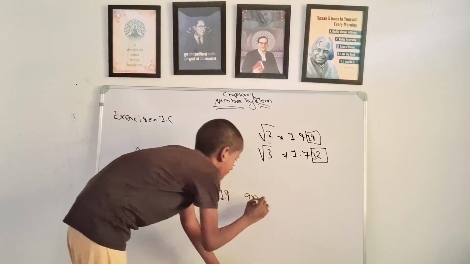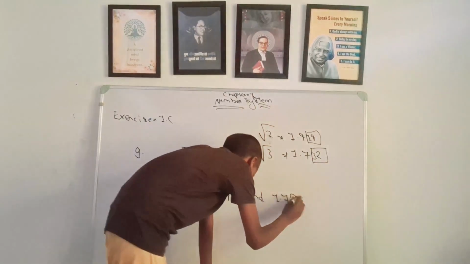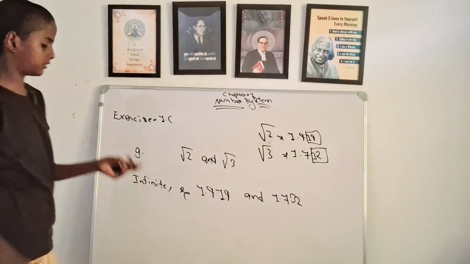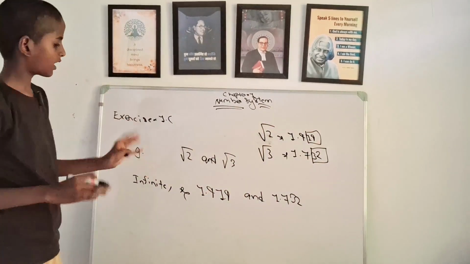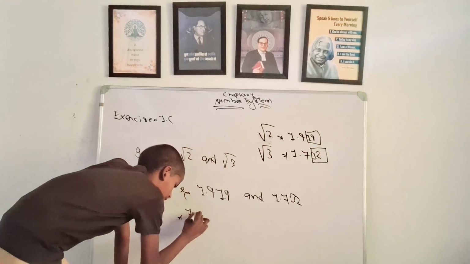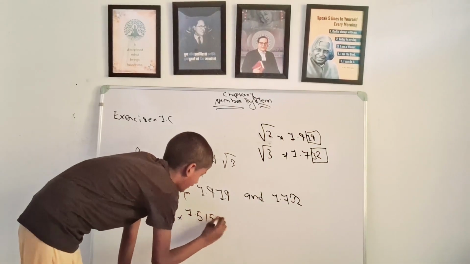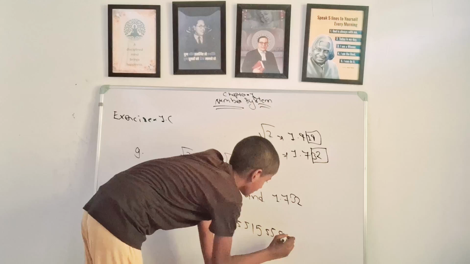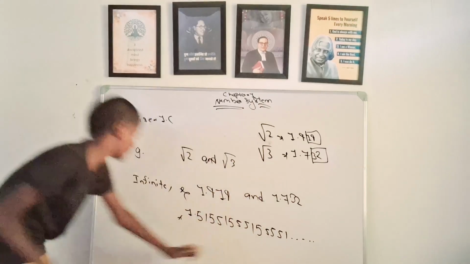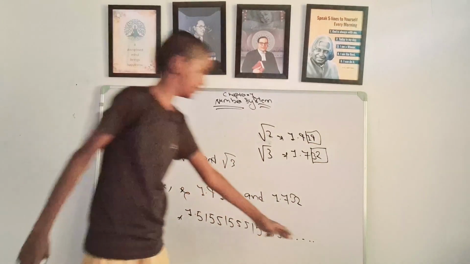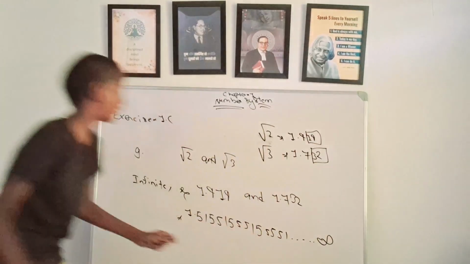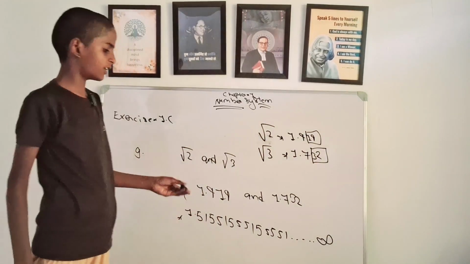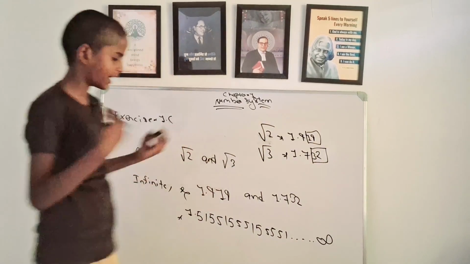1.414 and 1.732. After that, 1.5. So our first irrational number is 1.5155155515551 and after that infinite numbers.